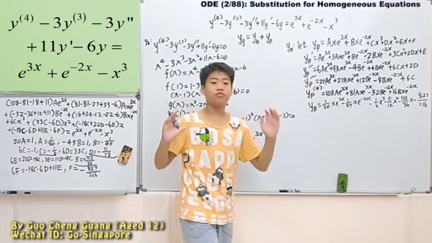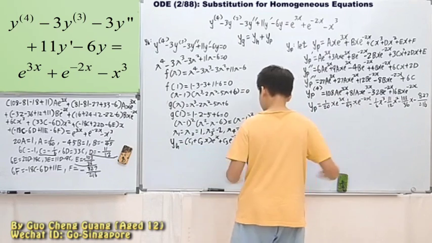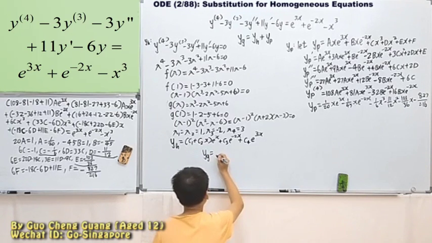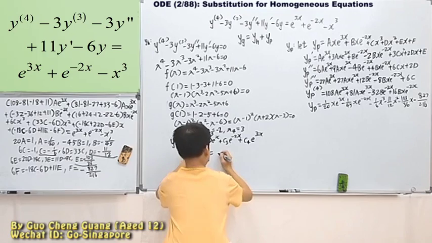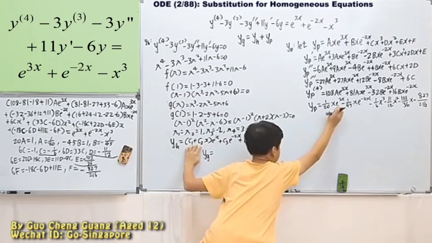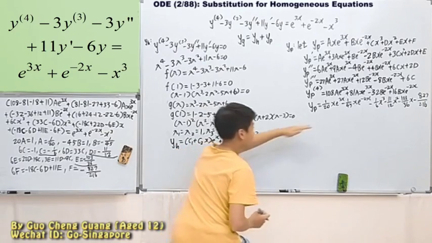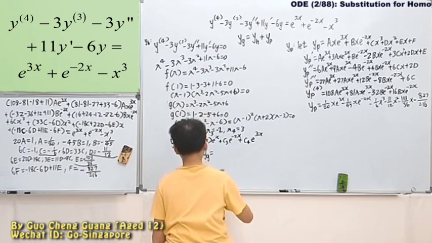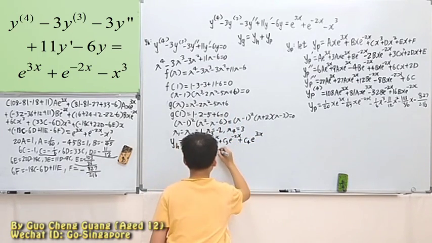Then after that, for the final part, it's just to add these two together. So that means you get YG. So this YG is firstly this part, secondly is this part. But some parts, for example, e to the power of 3x, here e to the power of 3x, you might want to combine them together, and you just factorize the e to the power of 3x.